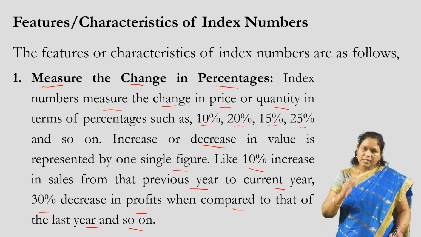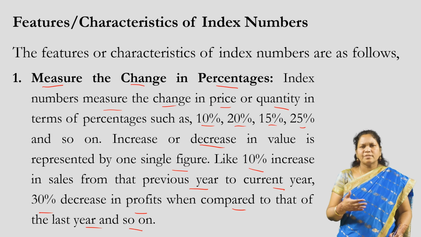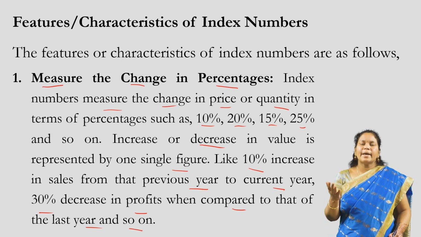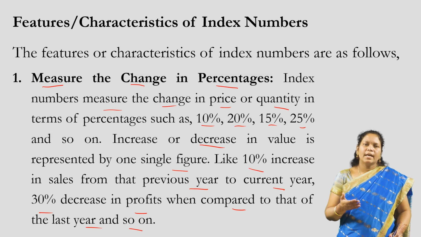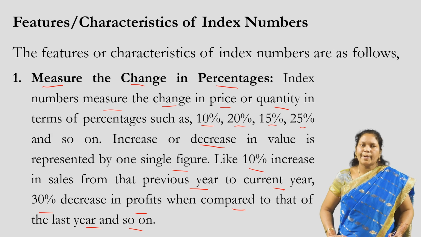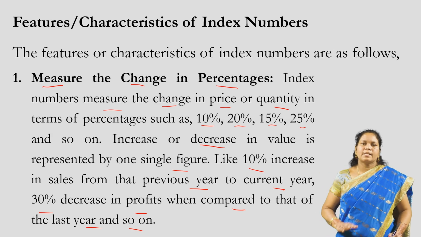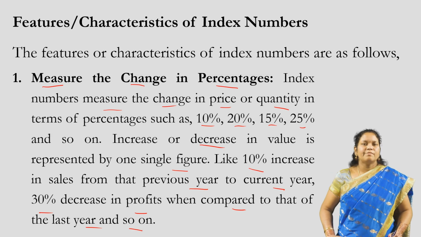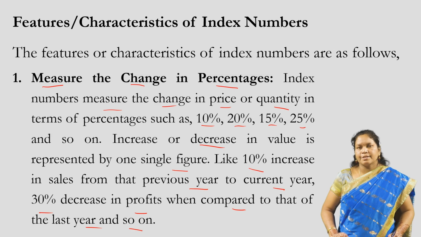So in percentages we'll reveal the answers. It's a comparison, right? Always averages means it's not jumping to the exact value. We can present them in some averages or percentages. So 10% prices have increased, or 20% prices have decreased, like that we'll try to identify in this unit. So that is your first characteristic here.